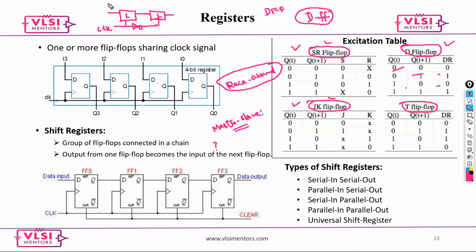Okay, so this is going to be your D, and this is going to be your Q. So the whole thing is what we call master slave, to avoid the race around conditions.